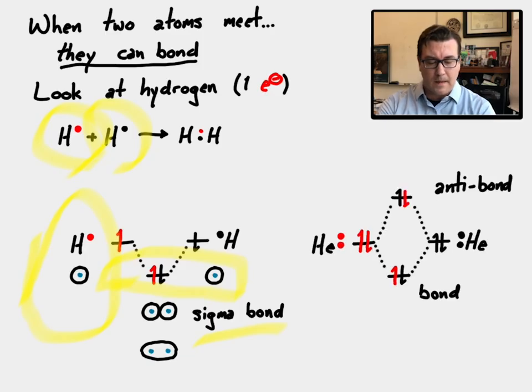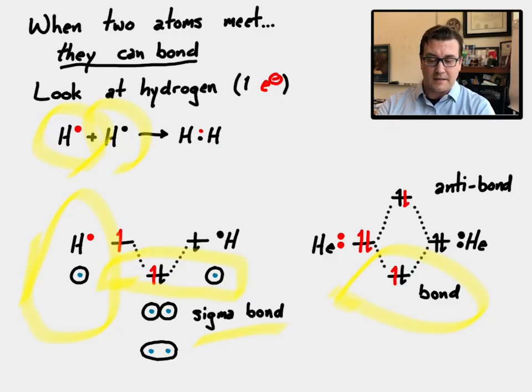So let's look at an example when things don't necessarily work out. For example, helium, a noble gas, doesn't bond with really anything, and it certainly doesn't bond with itself. At first pass, you might say, well, look, it's forming this bonding orbital. One electron from each of these helium orbitals can interact and form a bond.